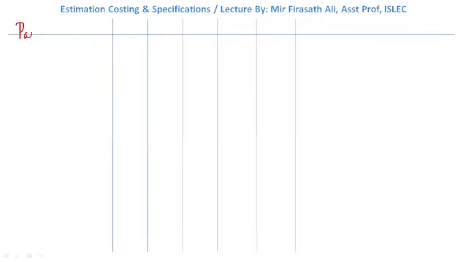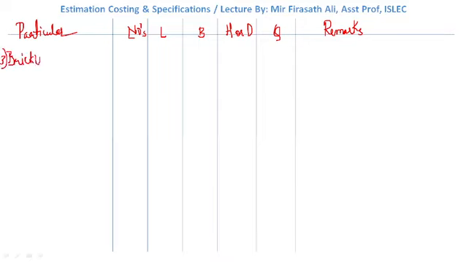The first is particular, then numbers, length, breadth, height or depth, quantity, and here are remarks. So in particular, we write brickwork in foundation and plinth. This is our third one.